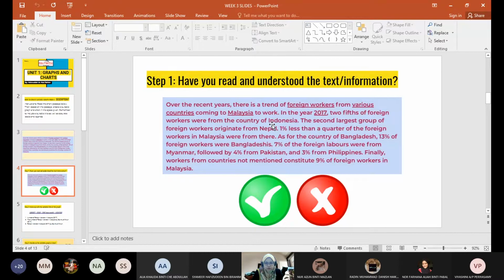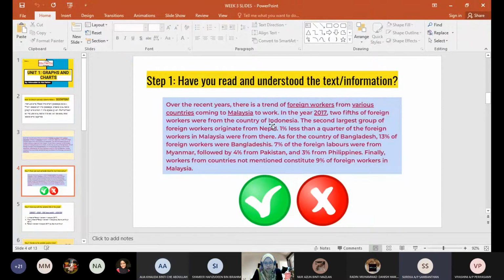The trend of who? Their issue. Okay. Yes, foreign workers. Okay, foreign workers from various countries coming to Malaysia. Okay, is there any specific year that they did this study? Is there a specific year that they mention? 2017.